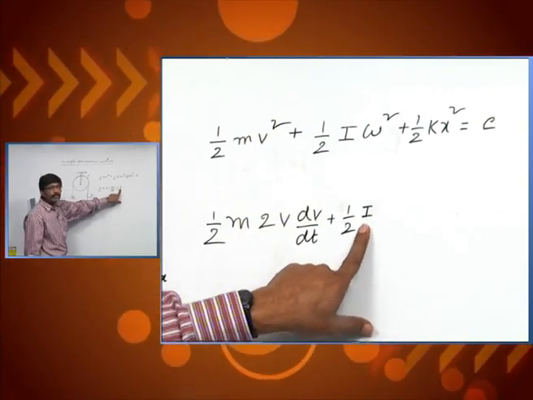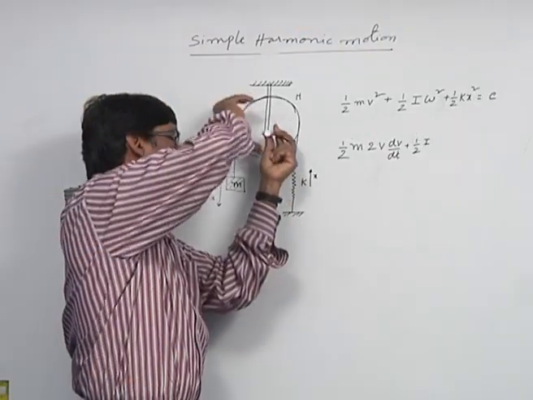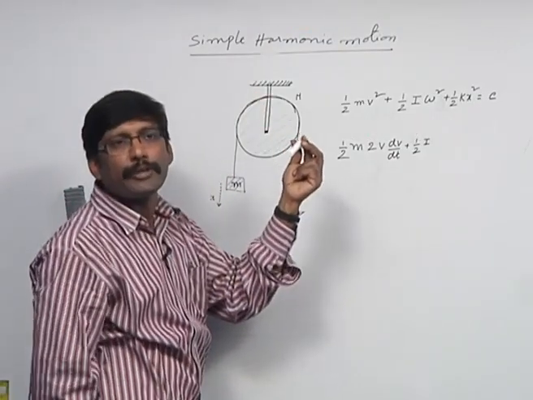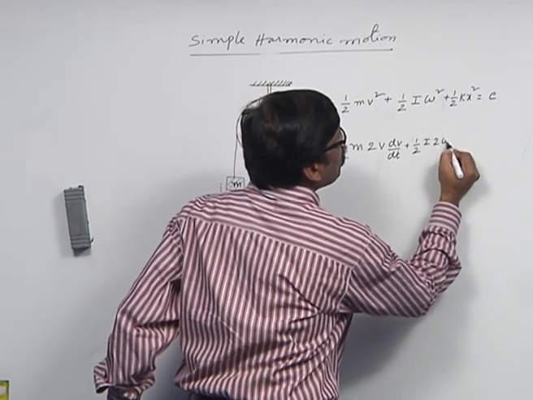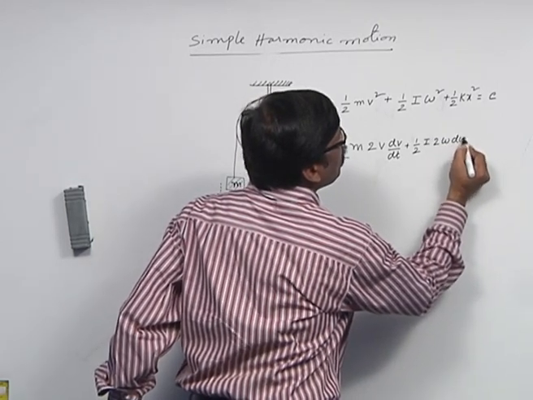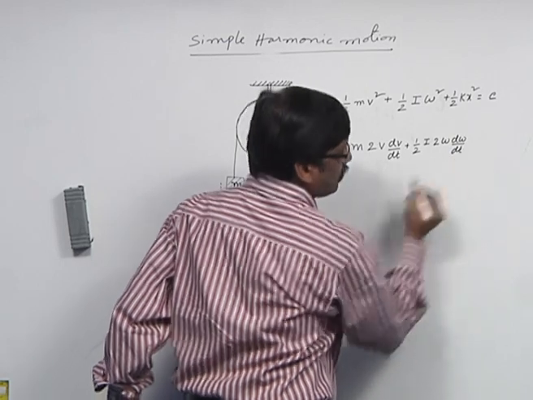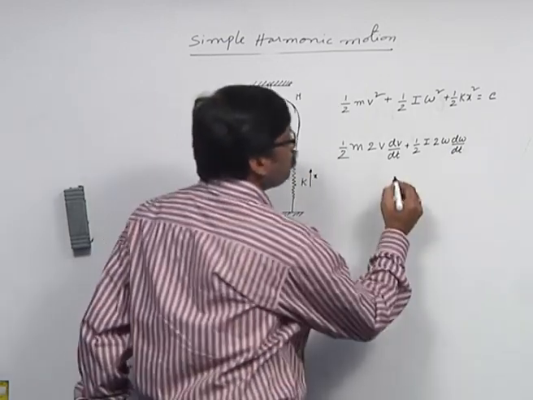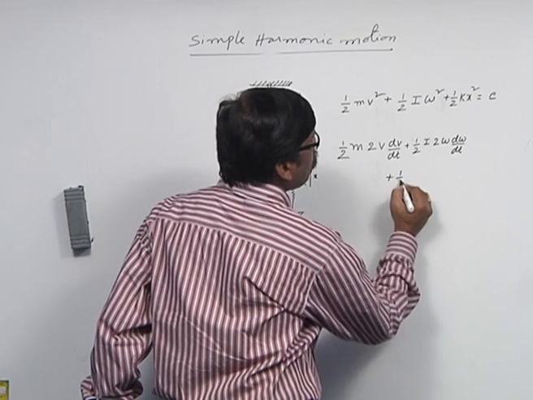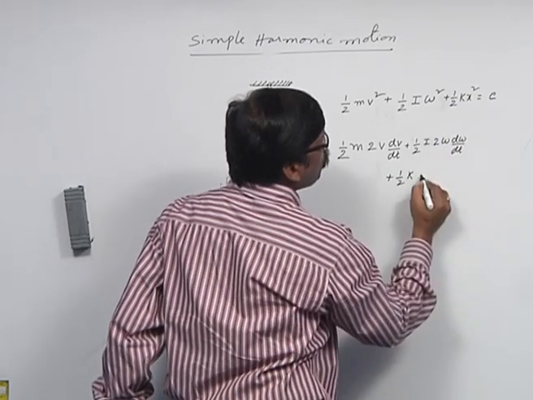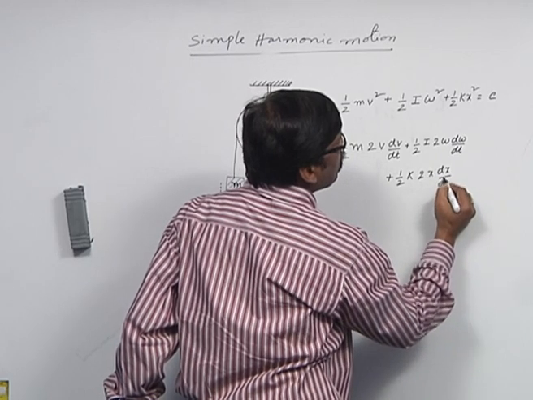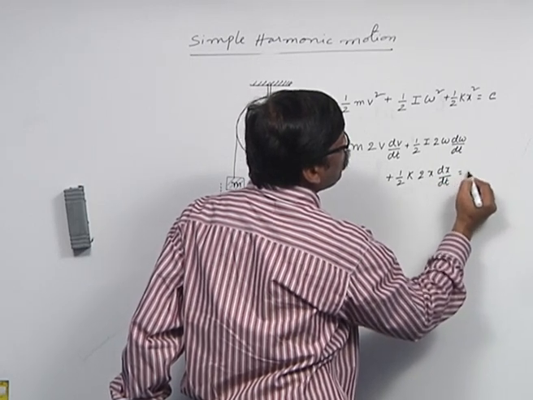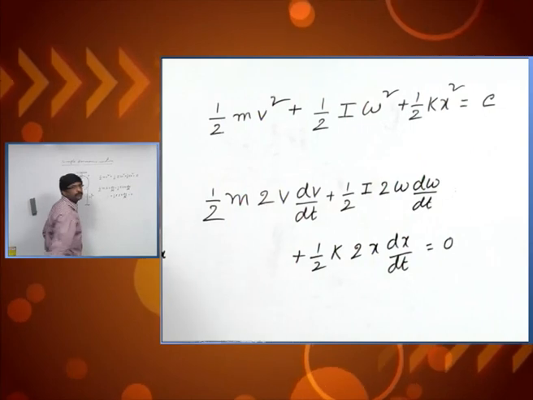The moment of inertia of the disk about the central axis, that is mr square by 2, into 2 omega d omega by dt, plus half k into 2x dx by dt, which is equal to 0.